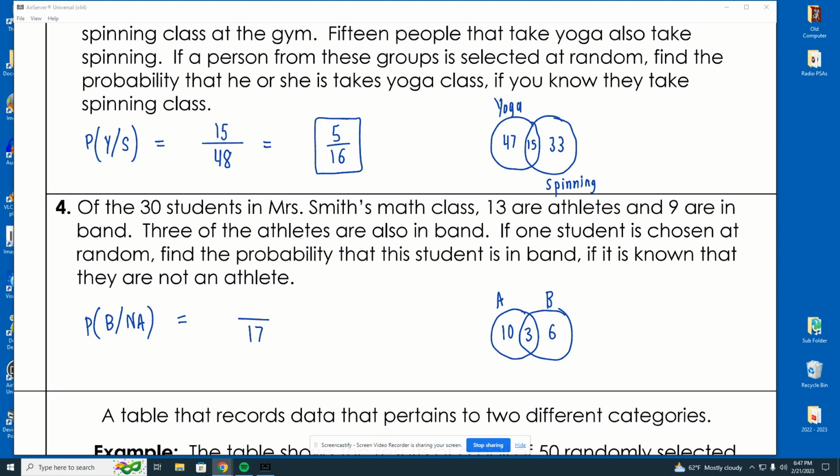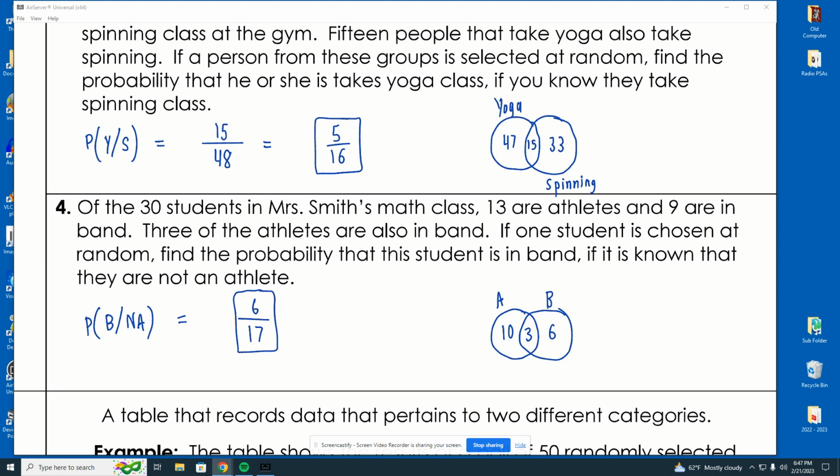So, of those non-athletes, how many are in the band? So non-athletes that are in the band would be 6. Okay? So 6 out of 17 actually will not reduce, and that is my number.